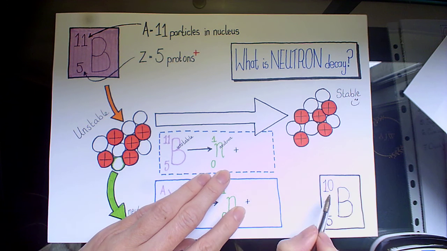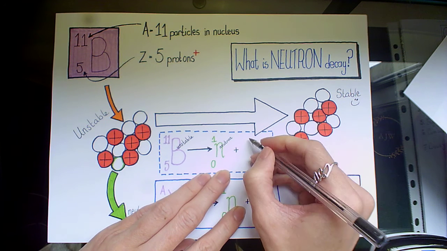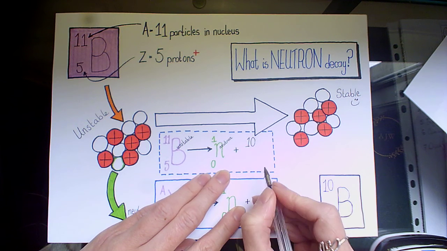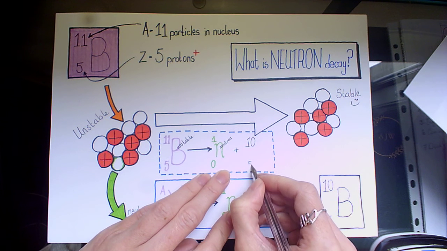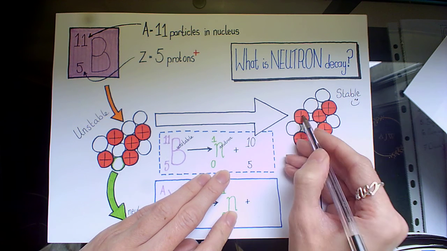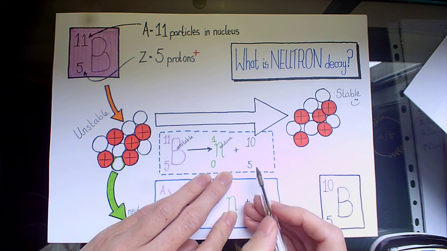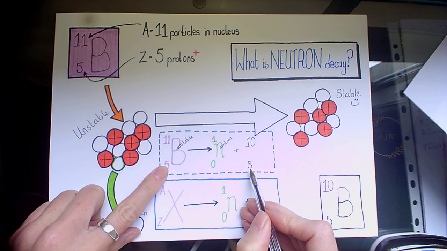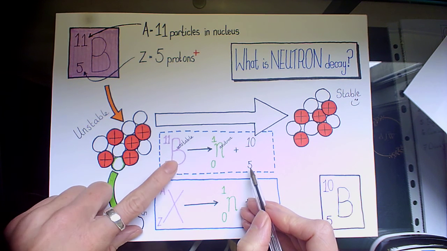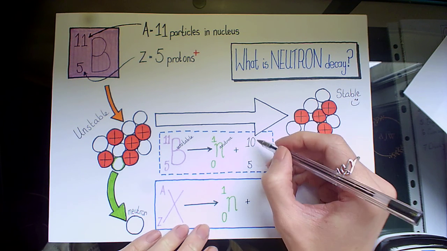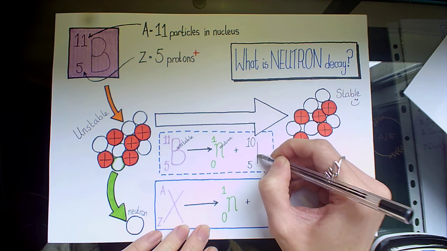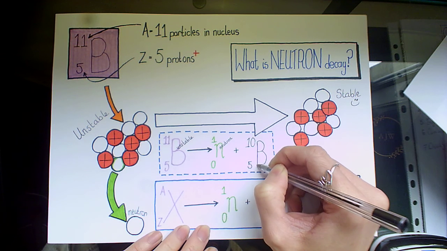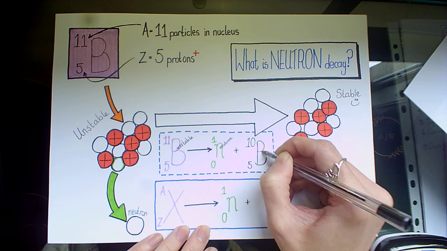And we know that we were left behind with something that had 10 subatomic particles in the nucleus, and 5 of them were protons. And because that 5 has not changed, it's still the same identity. So it's still a boron, just a more stable isotope of boron. So we can fill that in as B.